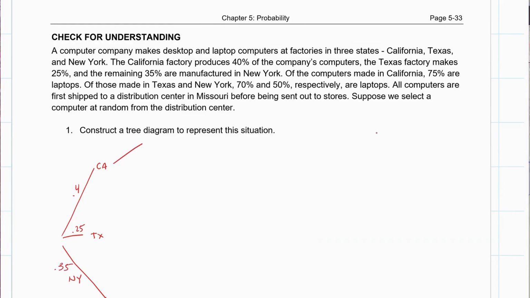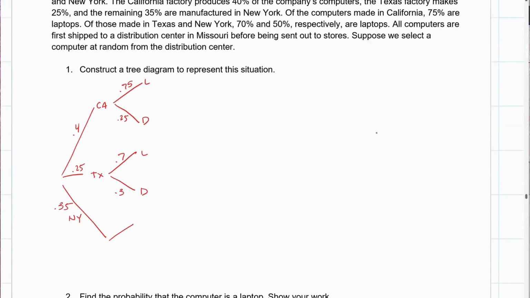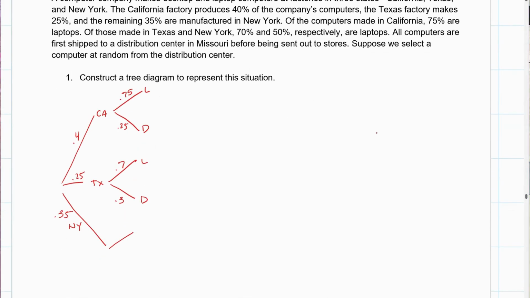Now, it could be a laptop or it could be a desktop. And according to our narrative, 75% are laptops, which means that 25% are desktops. Laptop for Texas, 0.7. That means 0.3 for desktops. And for New York, half are laptops, half are desktops.